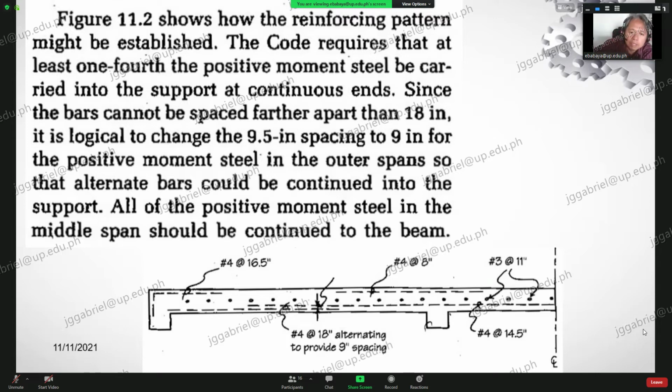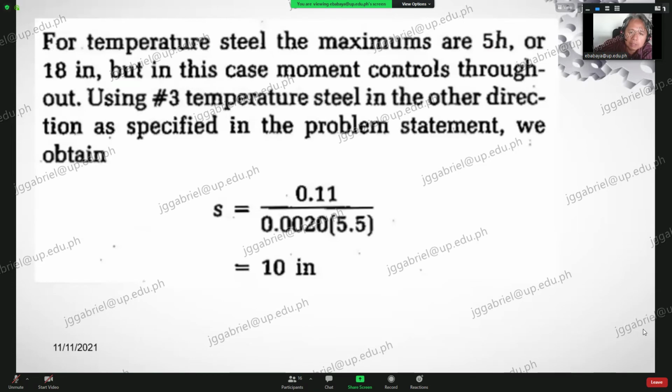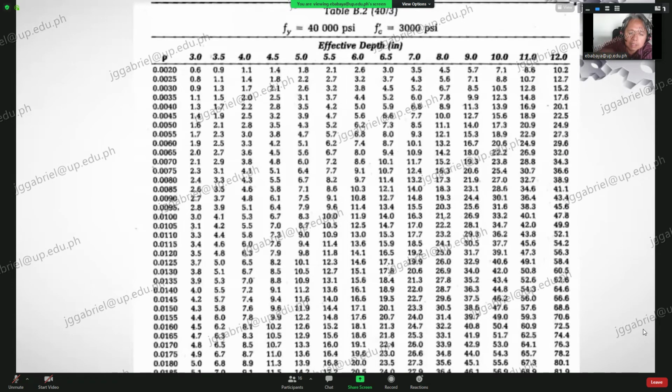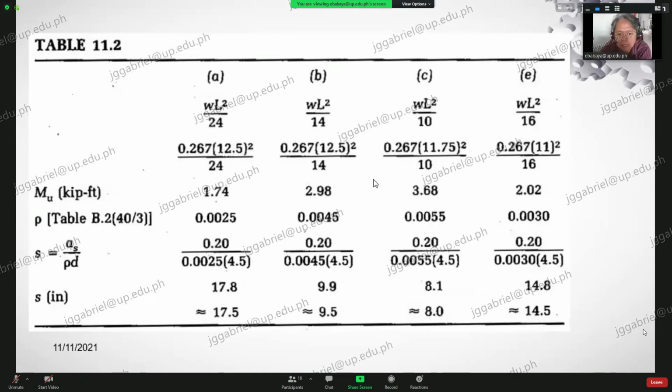So you have to place your bars so that they will satisfy yung mga moment reinforcements designated at locations. Pwede kang sumobra. Okay, of course, there are designated maximum reinforcement ratios. No? Kina-check mo rin yan.